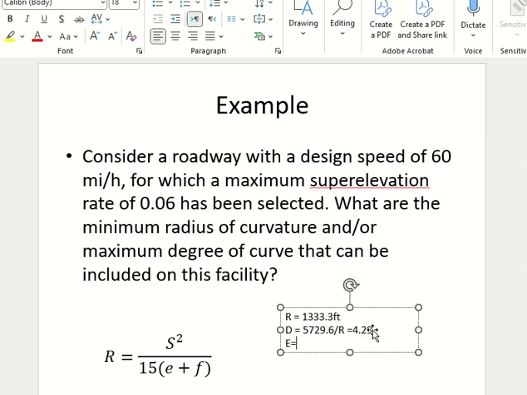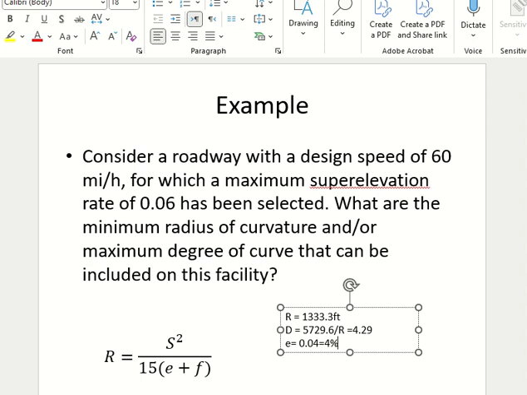What will be your superelevation? 0.04 means 4%, right? Superelevation is in percentage. Okay, 4%. Now what happened? What superelevation did we take for 1300? How much was it? 6%, right? 0.06. When you increase the radius, superelevation decreased.